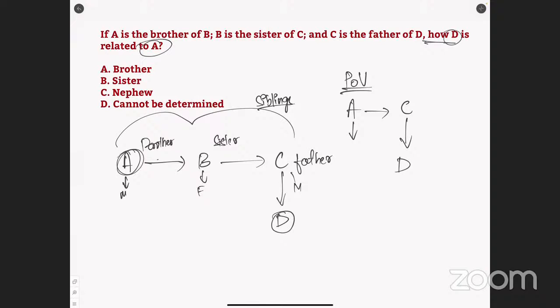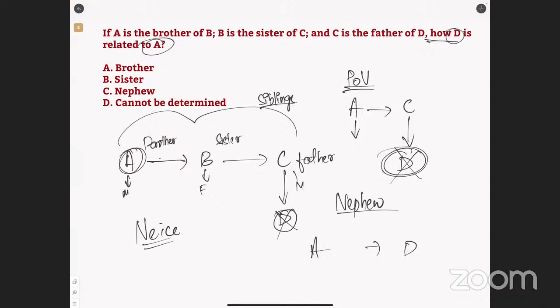Of course, we cannot say that because we do not know the gender of D. If we had known the gender of D, we could have easily said A's nephew is D. Since we do not know the gender, we cannot say either A's nephew or niece is D. So this relationship between A and D, though A is the uncle of D, we cannot determine what exactly D is. So therefore, given the choices, we cannot say it's brother.